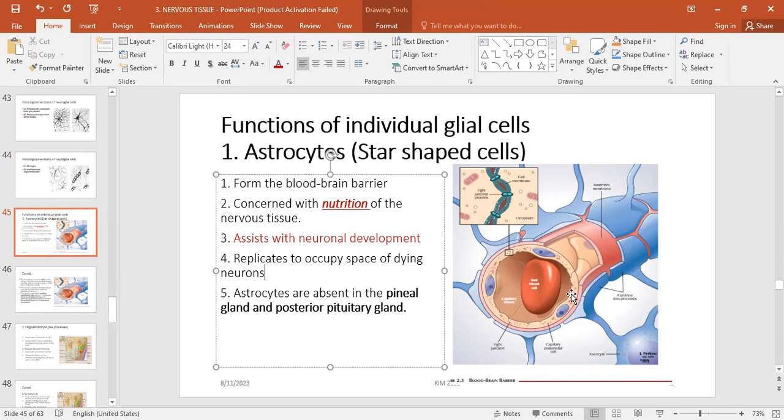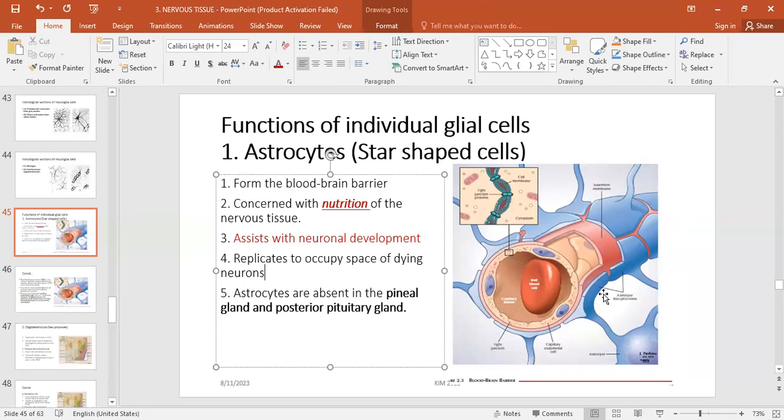Only a few substances, for example, alcohol, certain drugs like barbiturates, find it easy to cross this layer. And that's why you see that not all drugs in the body can influence the central nervous system. They have to be made in such a way that they have the ability to pass through these layers and reach where the nerve cells are.